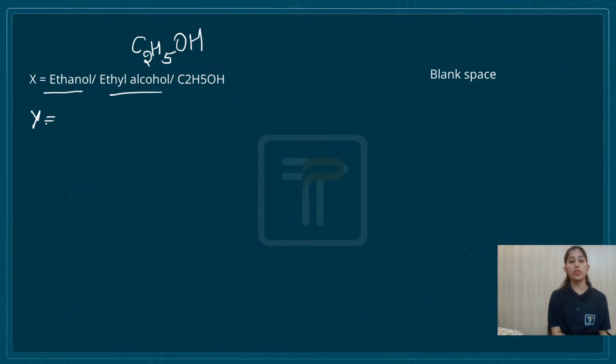What is going to be your Y? Tell me. Your Y is going to be sodium ethoxide. Why is it going to be sodium ethoxide? What is the reaction? What was the question saying?